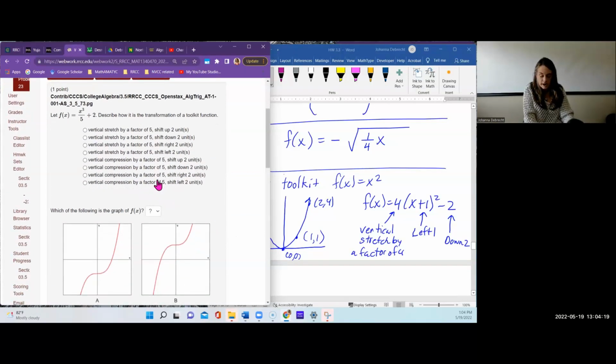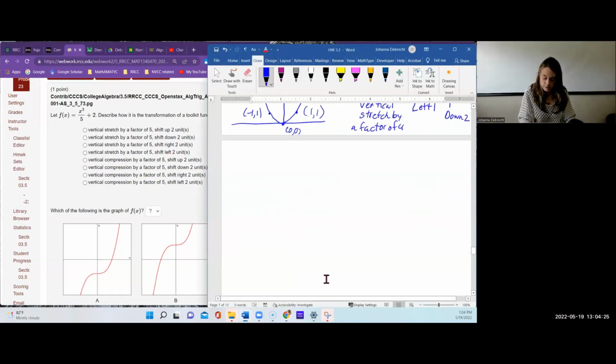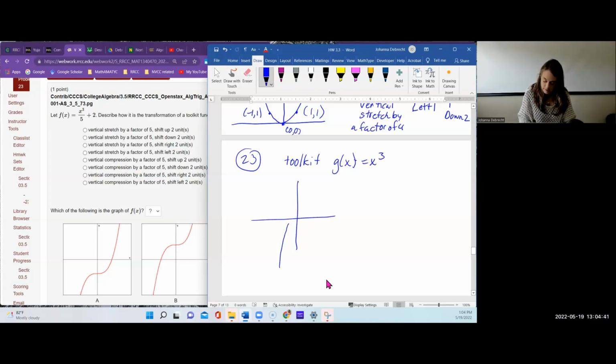Looking at number 5, we have a toolkit function of x cubed. We've not had x cubed before, I don't think. So let's go ahead and write this one down. Our toolkit function is x cubed, which has 5 basic points on it. When we graph it, it kind of comes up, flattens out near 0, and then goes up again at a steeper rate.